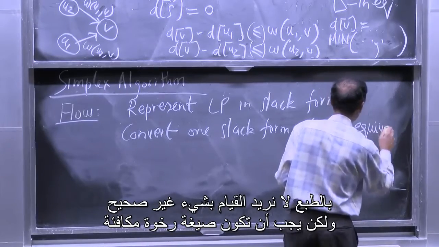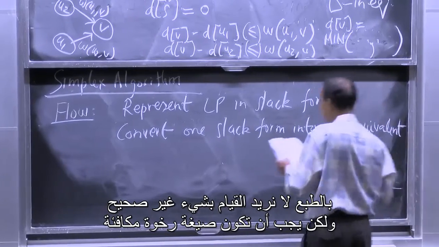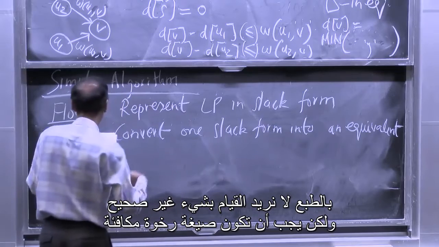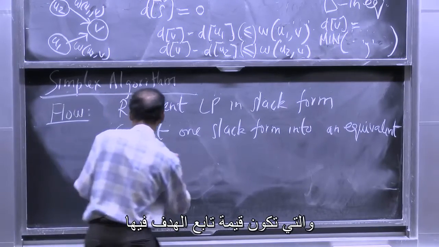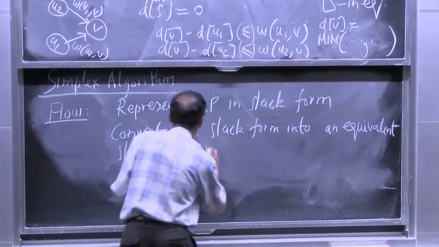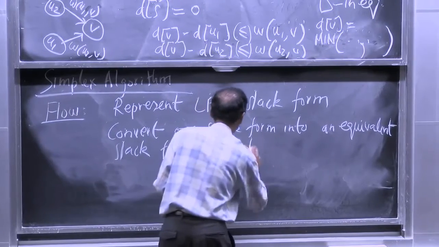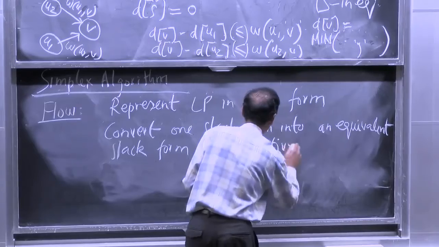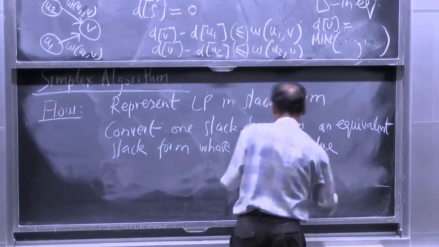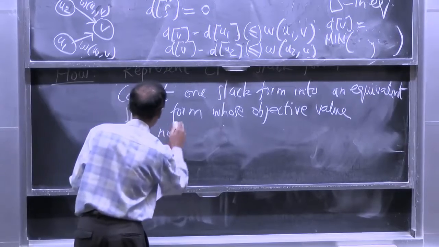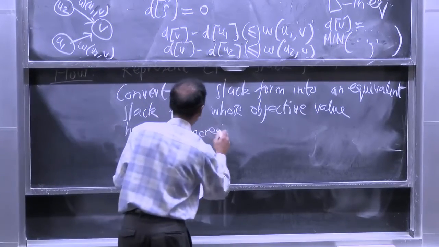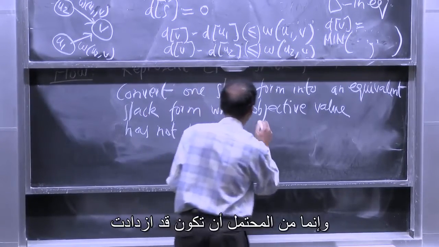Obviously, you don't want to do something that's incorrect, but it has to be an equivalent slack form whose objective value has not decreased and has likely increased.